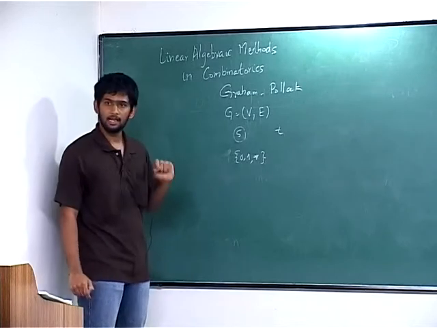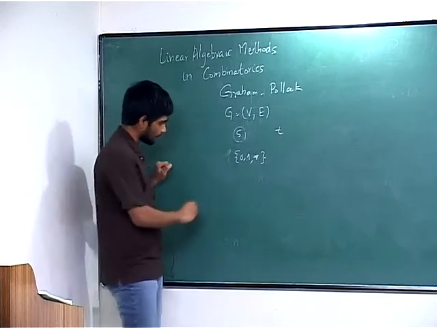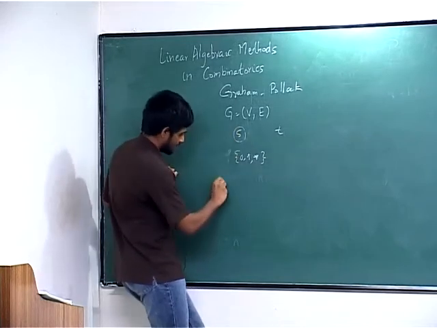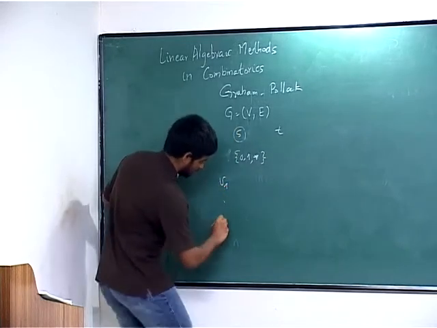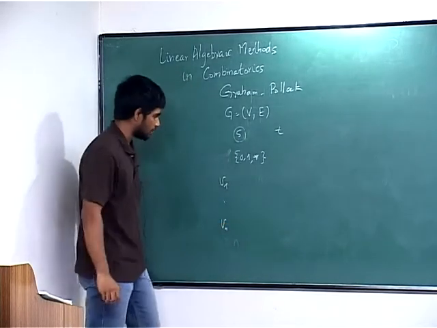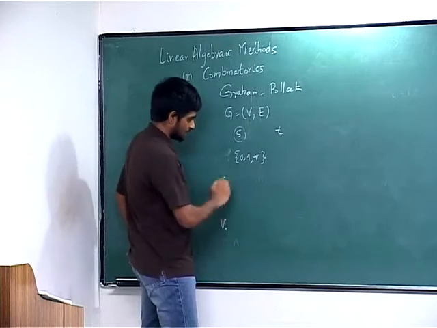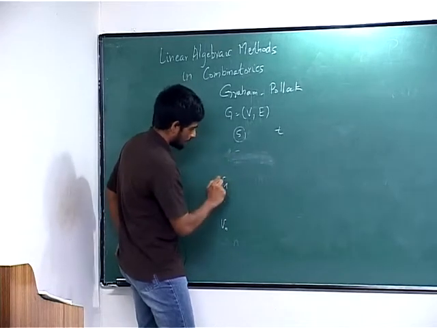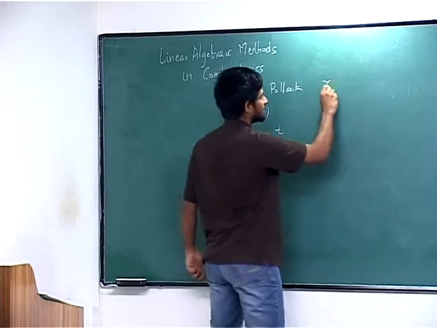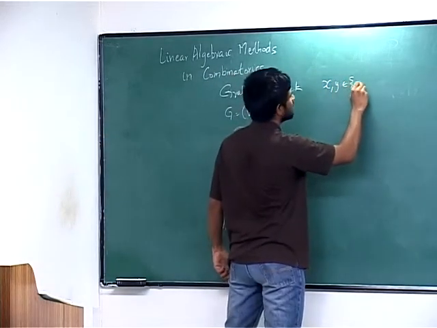So here is a simple addressing scheme that you have. For each vertex, let's say there are n vertices, v1 to vn, I'm going to give a bit string. So let me define what it means to be the distance between such two vectors. Say you have two bits x and y in {0, 1}.